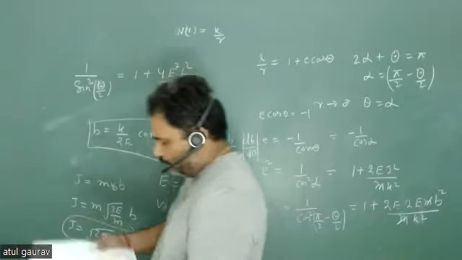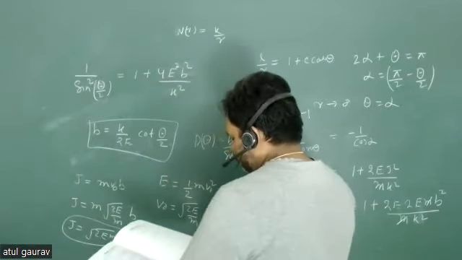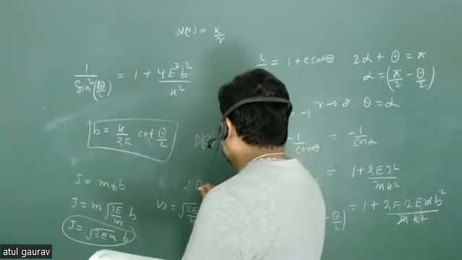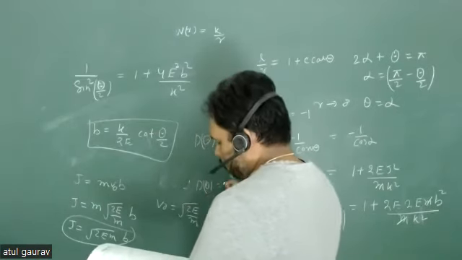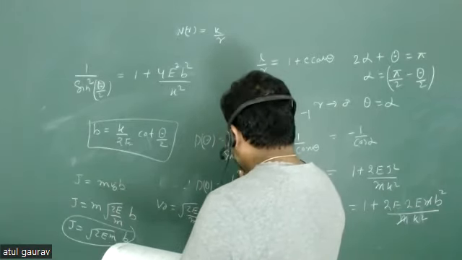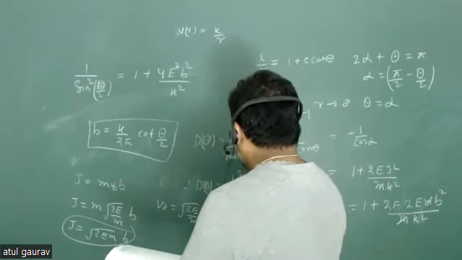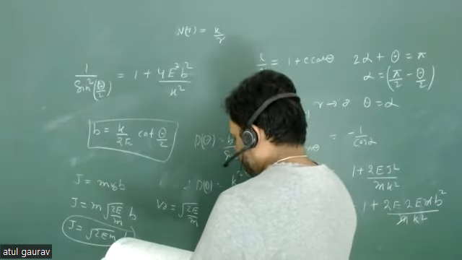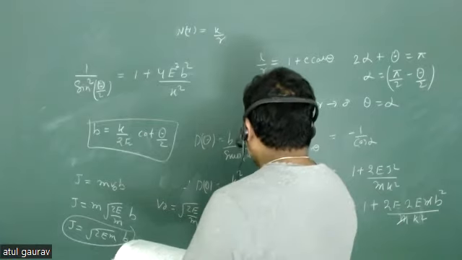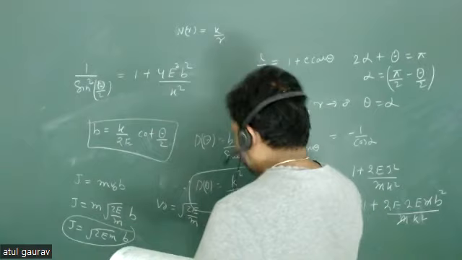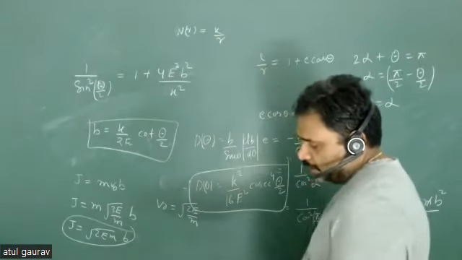So that value is equal to d theta is equal to 1 upon 16, k square upon E square, and that is cosec 4 theta by 2. इजिली आप इसे कैलकुलेट कर सकते हो, ठीक है?